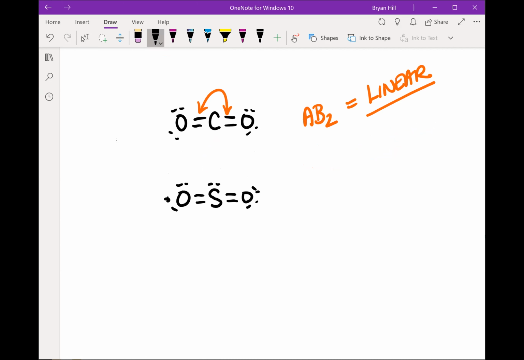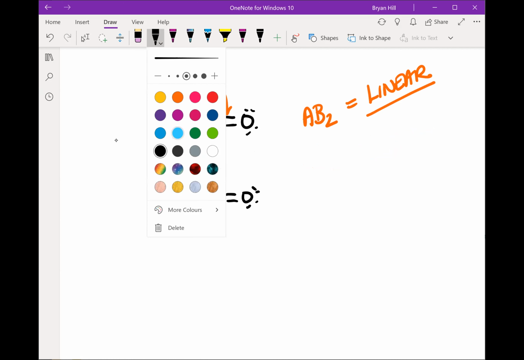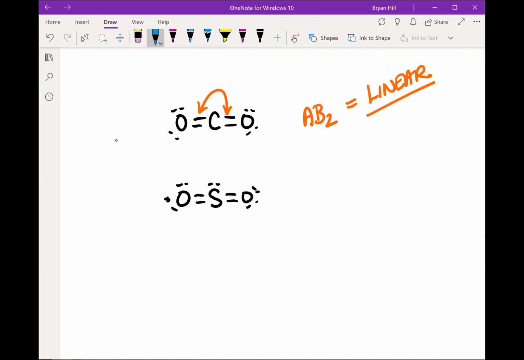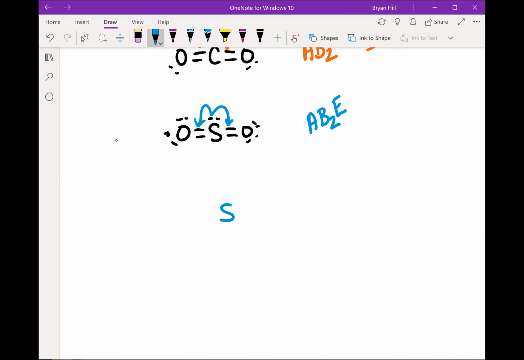Now I've actually drawn this in a way which isn't particularly good. We would want these lone pairs here to be as far away as possible from those, and as far away as possible from those, right? So this system, center atom is A. It's AB2, we've got a lone pair here, AB2E. So really, we should have our electrons out like this. And this would be approximately 120 degrees, or slightly less.